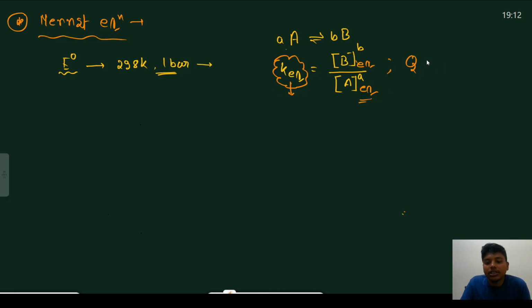So the reaction quotient is the same thing: concentration of B to the power B, concentration of A to the power A, at any time. It's not like at equilibrium. If it is at equilibrium, we call it K equilibrium. If it is not at equilibrium, we call it reaction quotient.